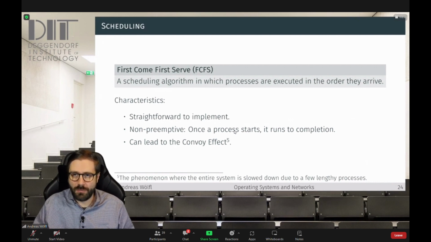Faster vehicles approaching from the back cannot overtake the 2 slow vehicles because they occupy the 2 lanes that we have. And this is like the convoy effect. A fast object cannot overtake a slow object. And this happens if you do first come, first serve in a non-preemptive way.